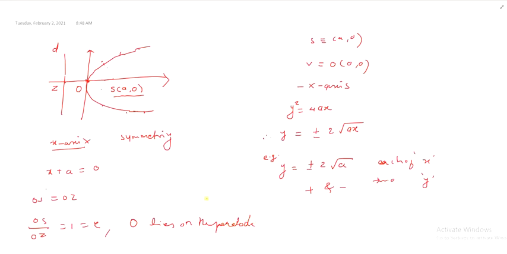Okay, so this is about the diagram, and we can see the extension of the parabola also. So what will be the extension of the parabola?